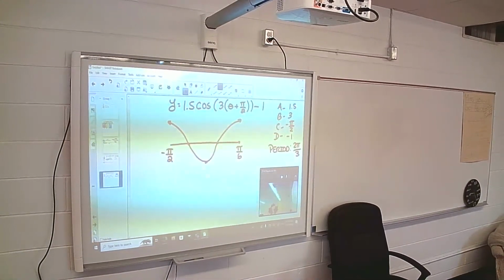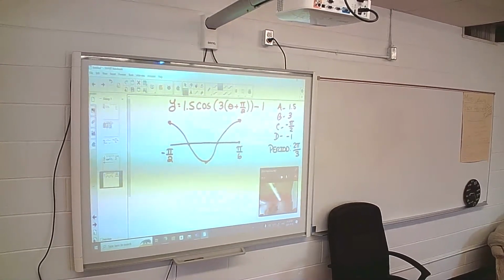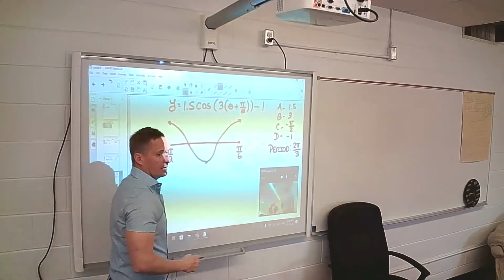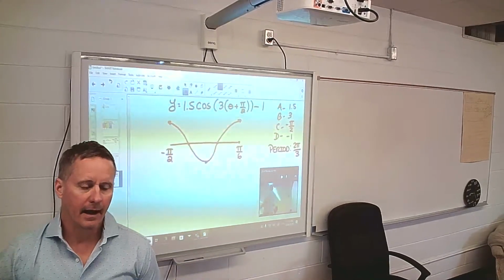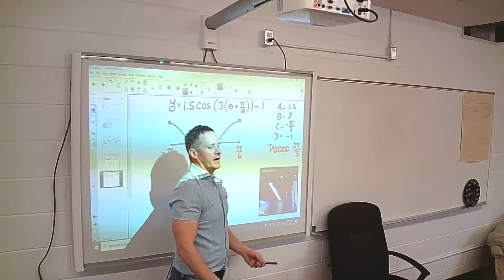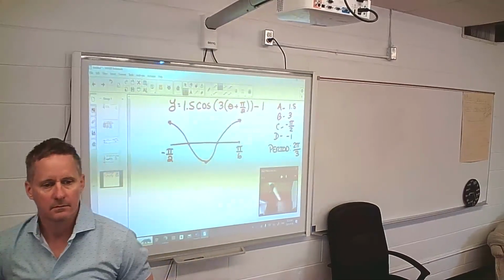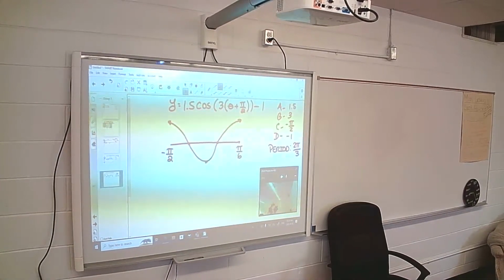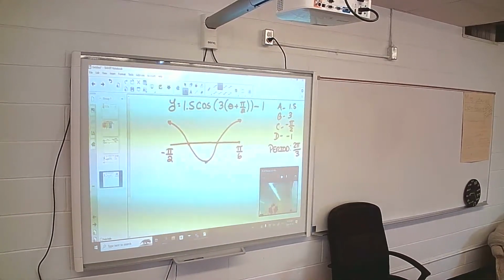Okay. Now, we got minus pi over 2 to pi over 6. Now I need to get these 3 coordinates here. What's half of that value? Pi over 3, right?